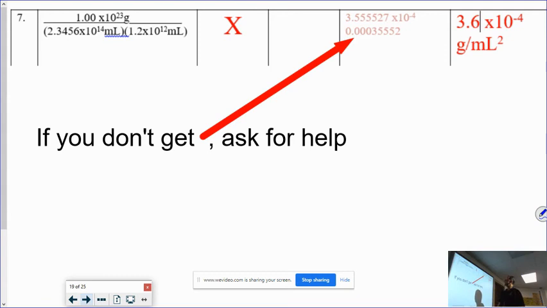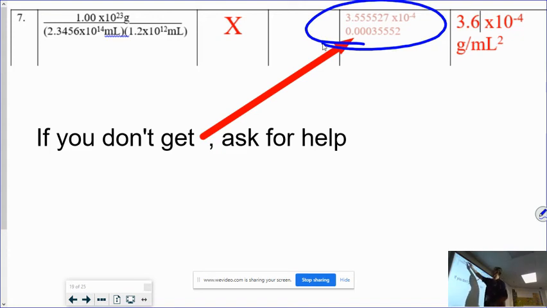Here's the next one. This one can cause you problems if you don't know how to type in numbers in scientific notation. If you do in fact get it correct, you should be getting those numbers on your calculators. It all depends on how it shows up on your calculator. Again, you should be taking this top number and dividing it by this whole batch.